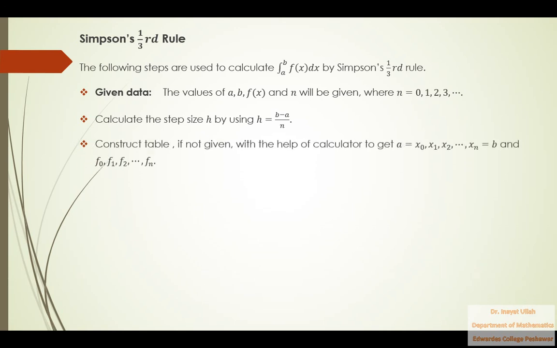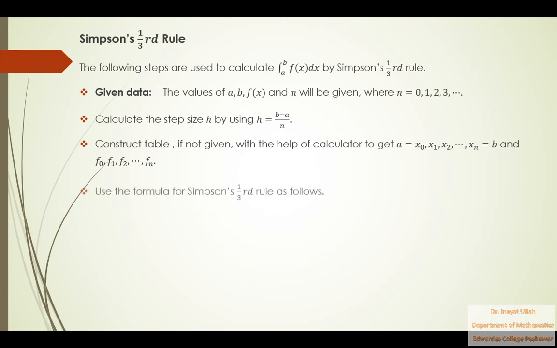The third step is again the same: construct a table with the help of a calculator to find the values of x0, x1, x2 and the corresponding values of the function f0, f1, f2 and so on. So these three steps are the same as in the trapezoidal rule.